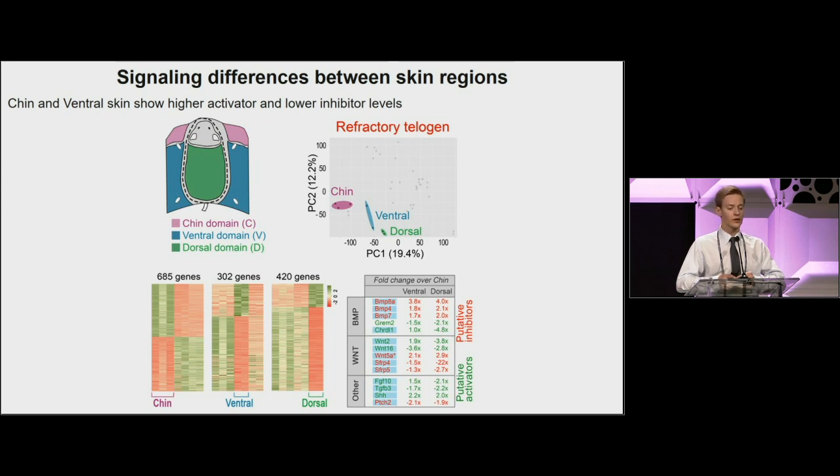And what's really critical is that the distinctions are within BMP and Wnt signaling pathways, at the level of multiple ligands and antagonists, that could be summarized such that chin and ventral skin has more Wnt ligands, fewer BMP antagonists, as well as other known hair cycle activators and inhibitors.